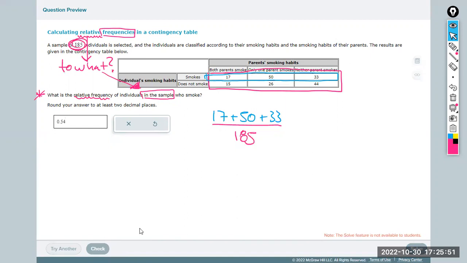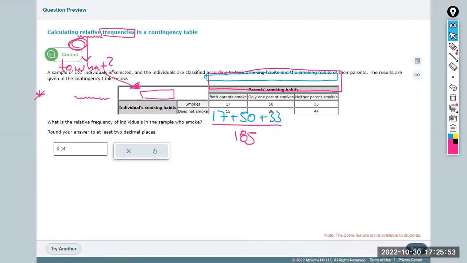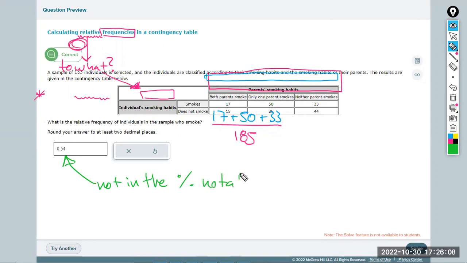Another thing to notice is that this is not in the percentage notation, but in decimal notation.